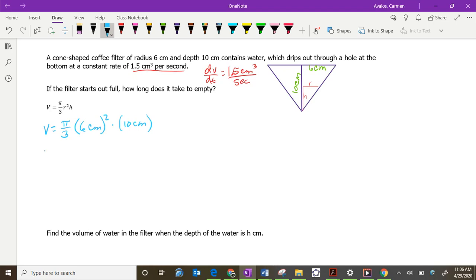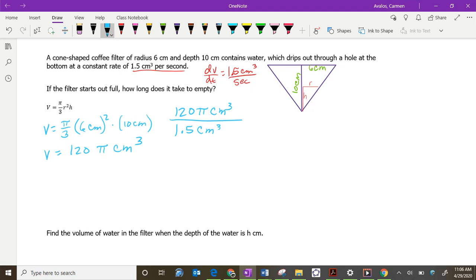Once you calculate it, you end up with V equal to 120 pi centimeters cubed, which makes sense because it's a volume. Now it's emptying at a rate, and they're already telling us the rate. So we take the 120 pi centimeters cubed and divide it by its rate, and we can see how long it's going to take.